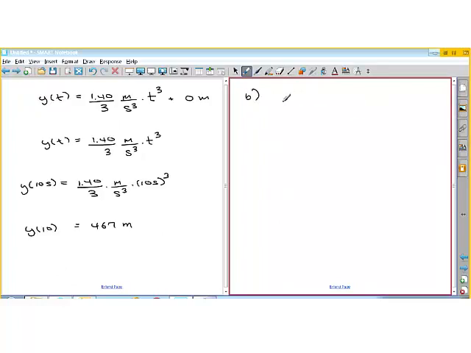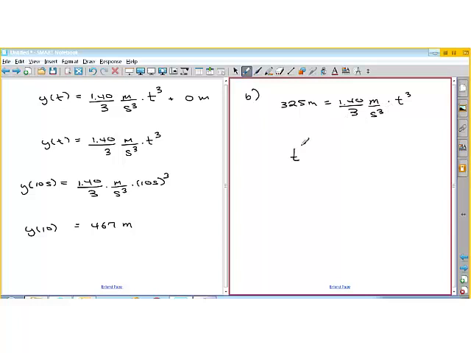So part B is 325 meters equals 1.40 divided by 3 meters per second cubed times t cubed.